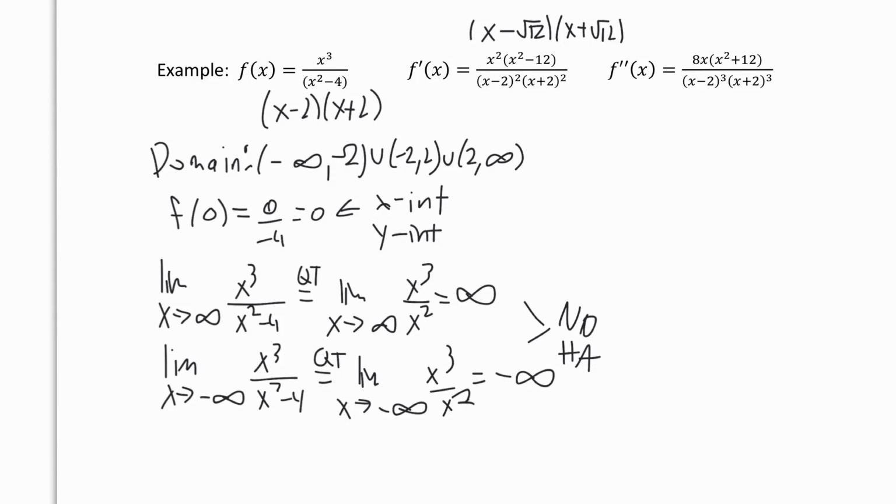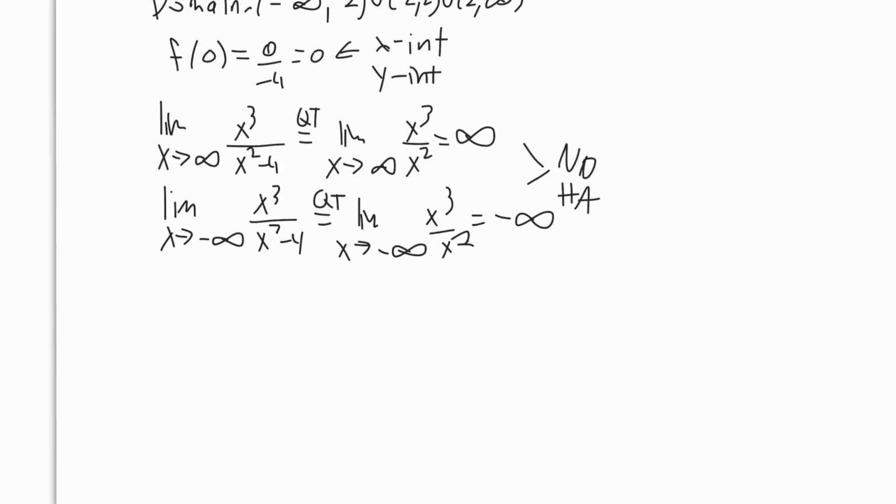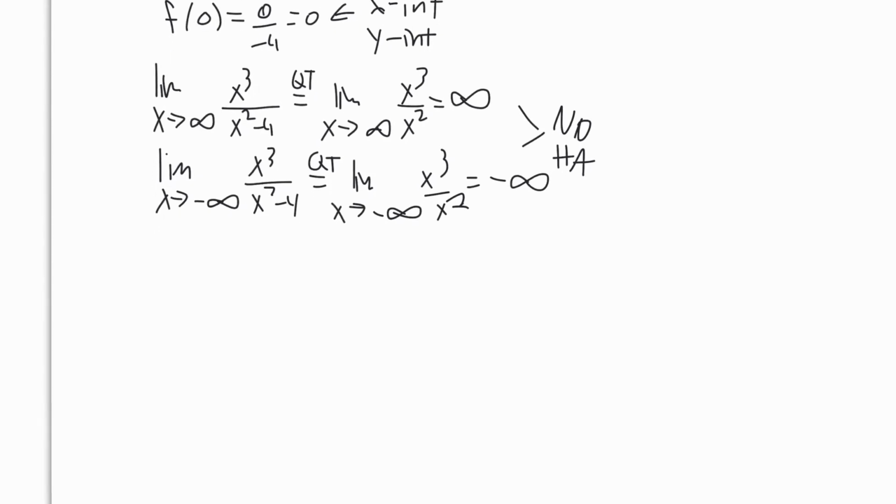Now we can go ahead and find the vertical asymptote, which is going to happen at x equal to negative 2 and x equal to positive 2. Both of those are going to be vertical asymptotes based on the fact that they're coming from the denominator of f(x).